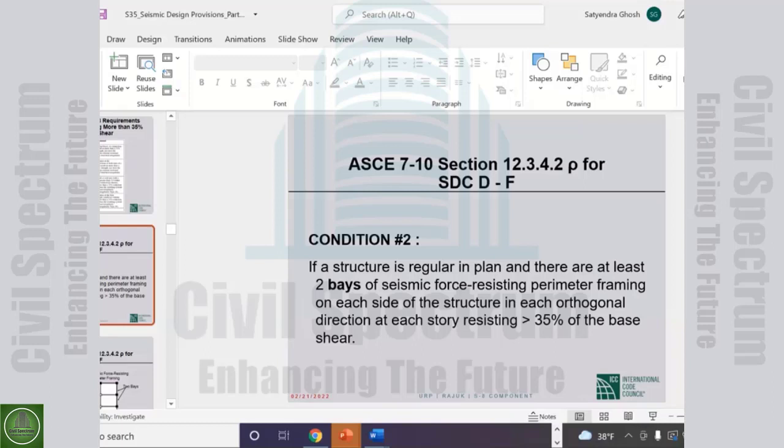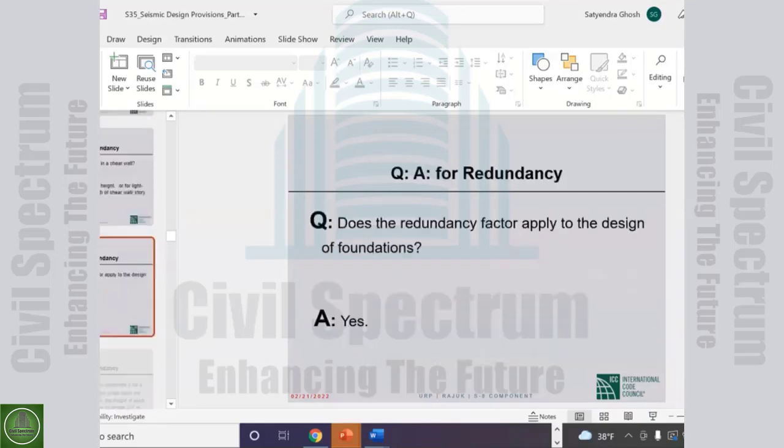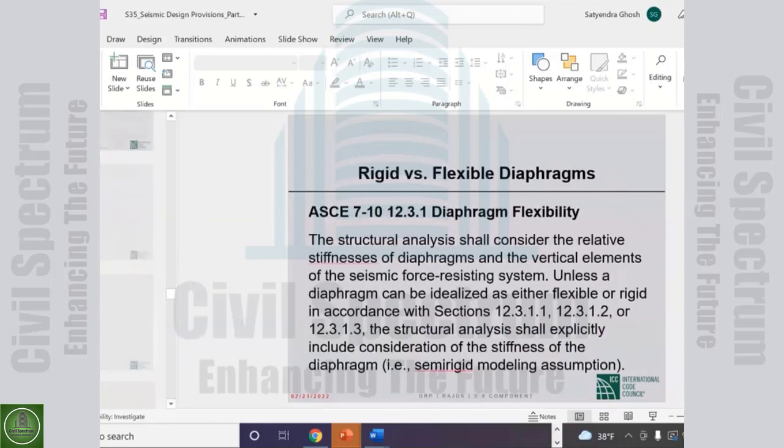Can we use horizontal bracing systems as diaphragm? Yeah. That you mentioned in one of the slides.